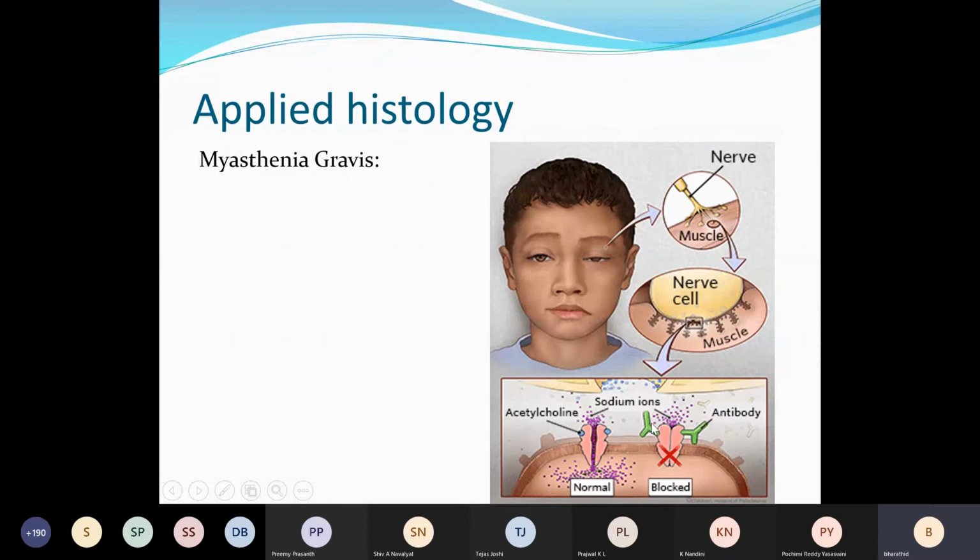If there is an autoimmune disorder of thymus, the antibodies which are produced do not help in release of acetylcholine. That results in myasthenia gravis, in which there is drooping of eyelids. So you have to write this.